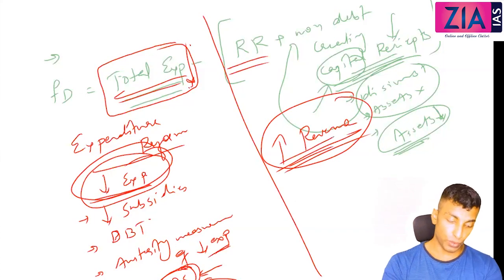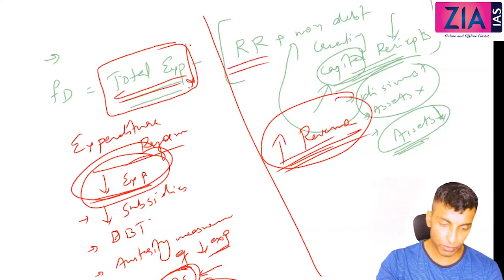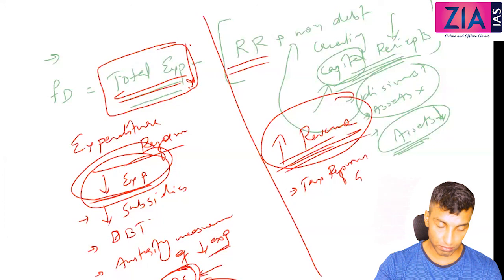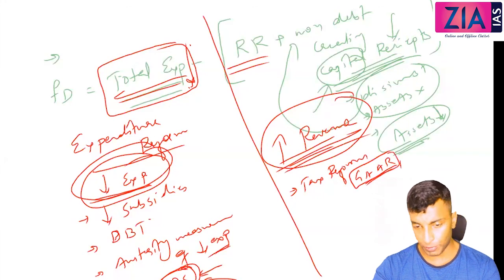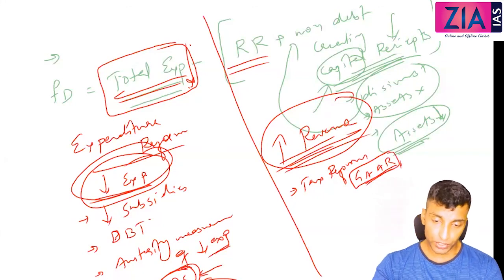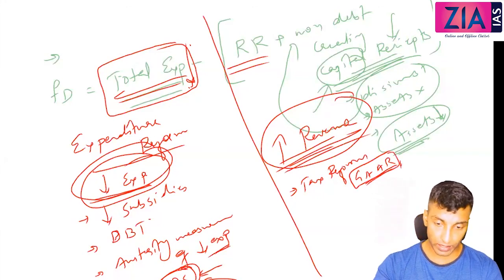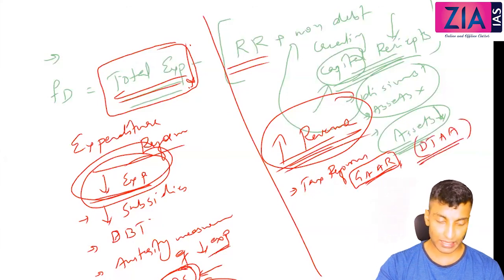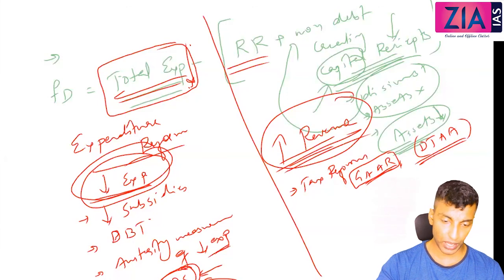So what all can you do to increase revenue? You can go for tax reform, like GAAR, General Anti-Avoidance Rule, which I will discuss in the chapter on taxation, DTAA, Double Taxation Avoidance Agreement, and GST. All these you can write.